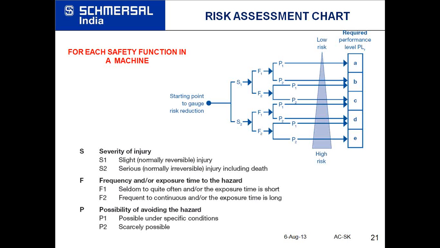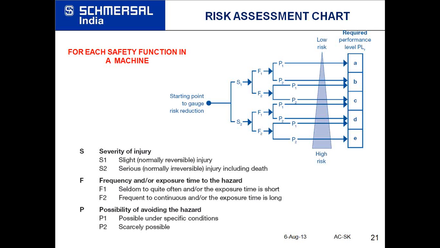But sometimes, suppose a person is trapped inside a robotic fence and the robot starts on its own. It is scarcely possible that he can escape, depending on the size of the fence and the way the robot moves. Then the risks are very, very high.